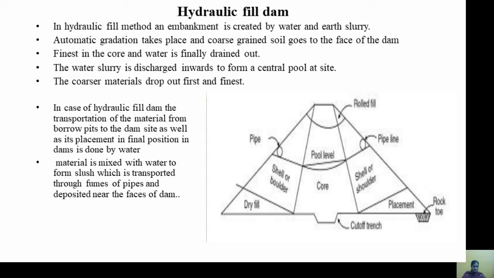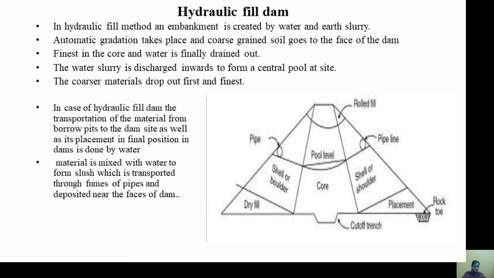So in hydraulic fill dam, transportation of material from borrow pits to the dam site as well as its placement in final position is done by water itself. The material is mixed with water to form a slush which is transported through pipes and deposited near the face of the dam.